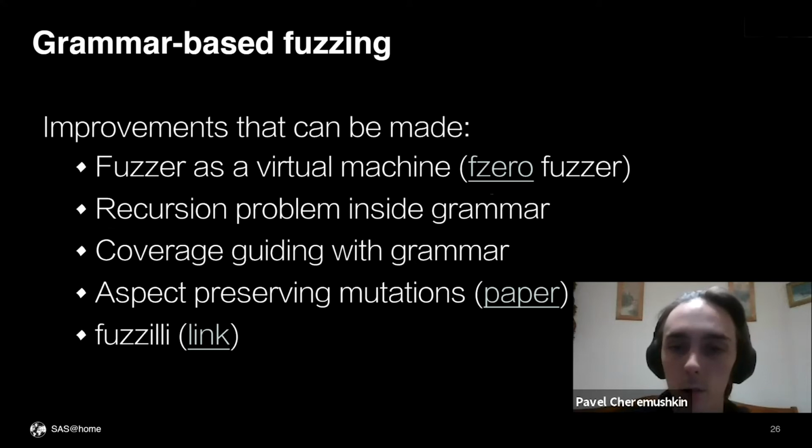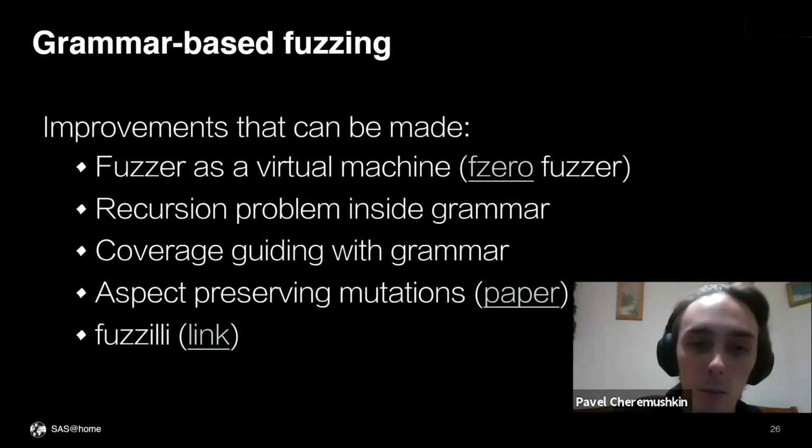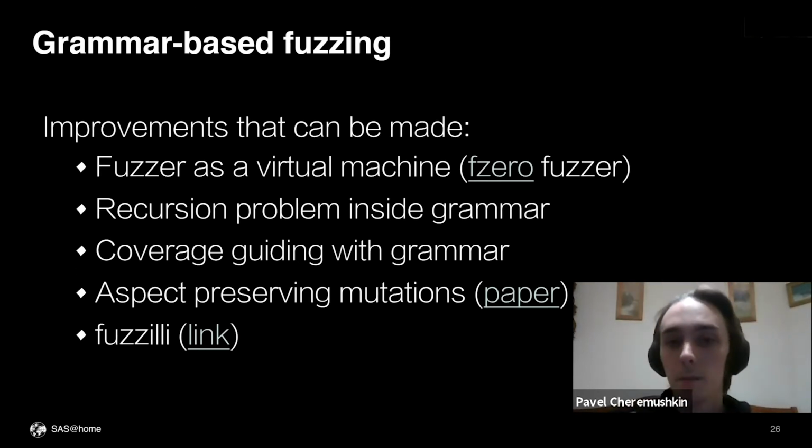There are actually two fuzzers, F0 and F1, where F1 is described by a paper from a German university. And I think that this is a good example of how you may speed up the process of fuzzing by implementing it as a virtual machine that builds the code that would be interpreted.